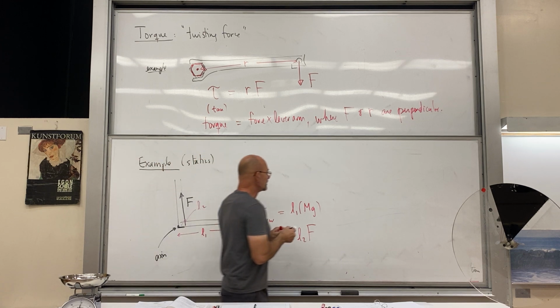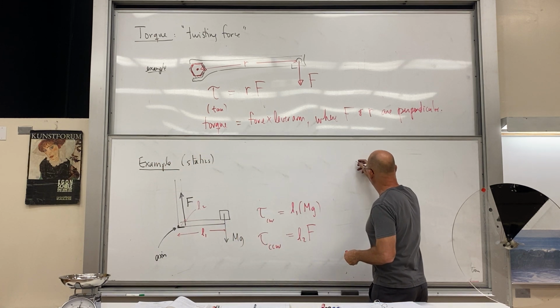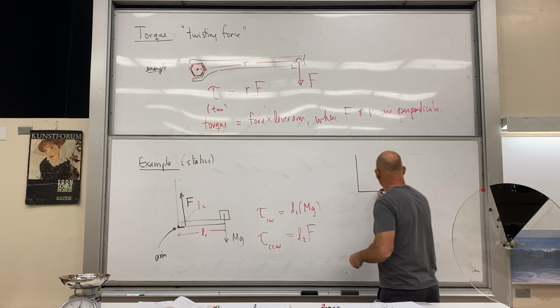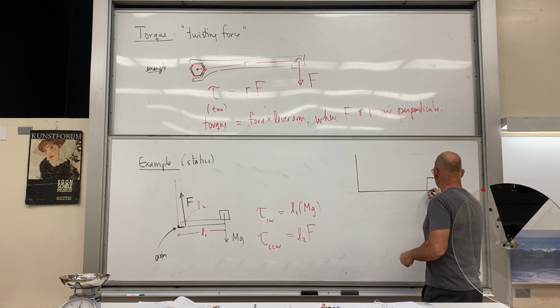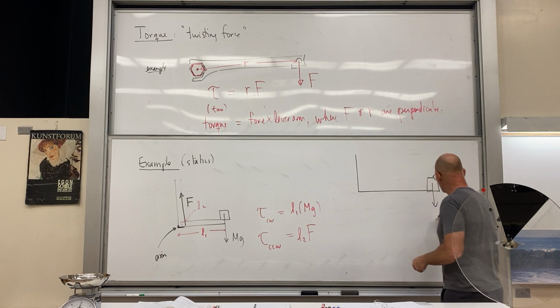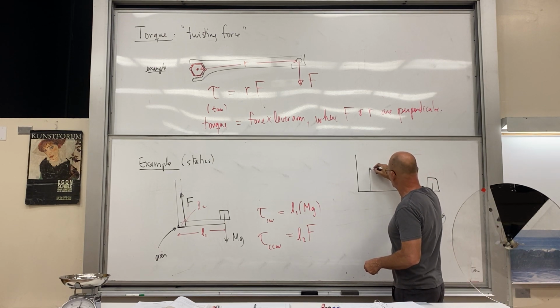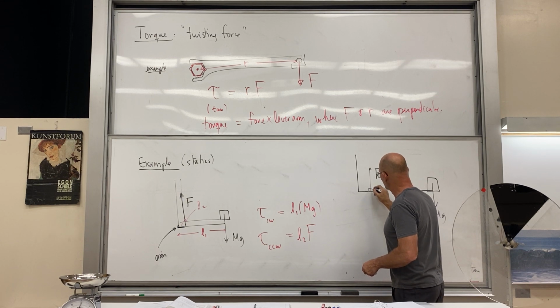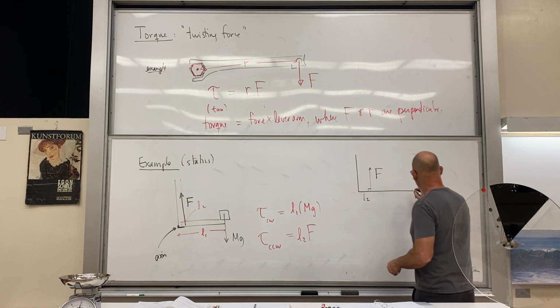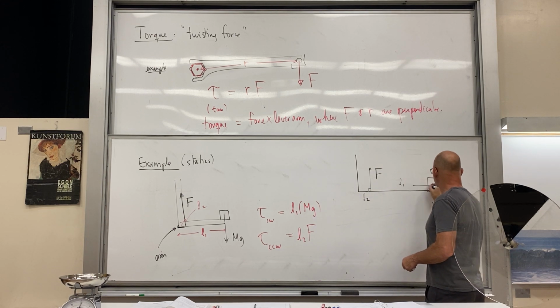So if you were to just completely abstract this, you'd have the following situation. You'd have mg here, and you would just draw F right there, and then this would be your L2, and your L1 would be this entire distance.